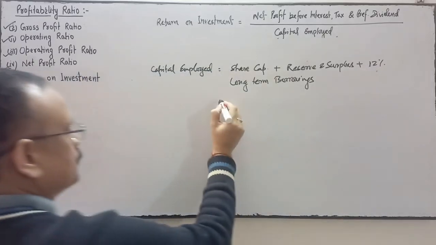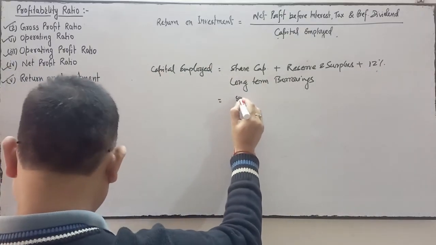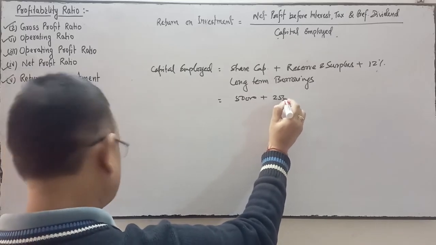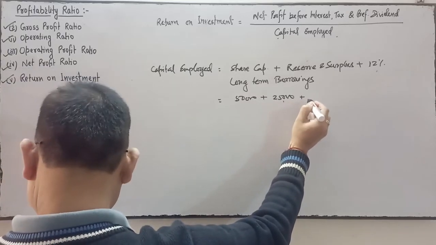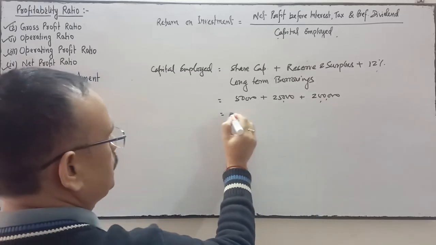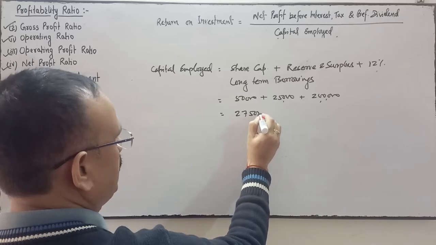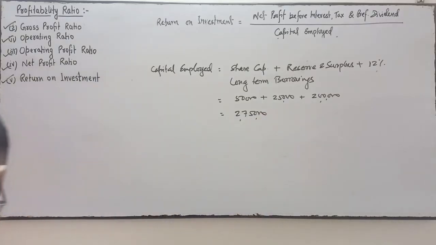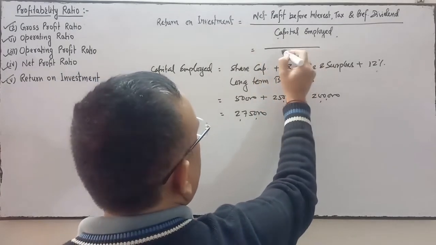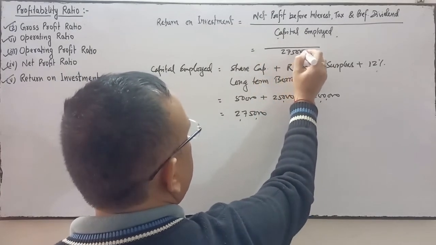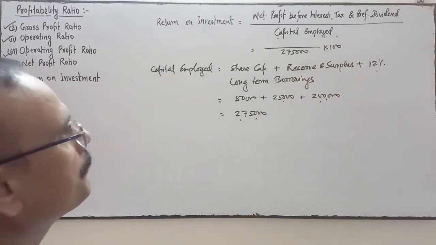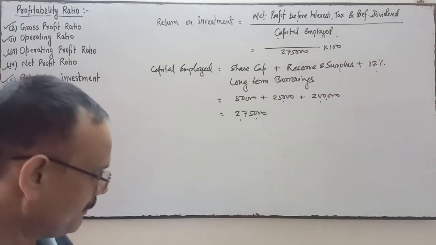So share capital is 50,000, reserve and surplus is 25,000 and long-term borrowings is 2 lakhs, 12%. So it is 2,75,000. 2,75,000 is our capital employed, into 100.